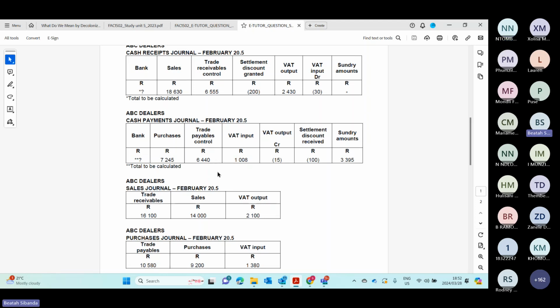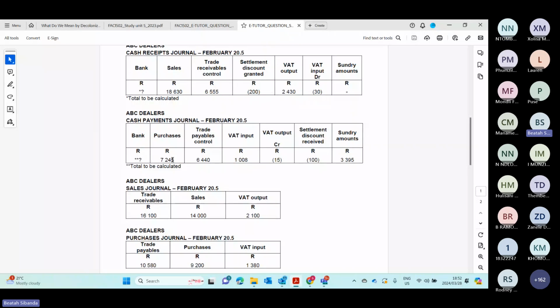All right, let's move on then. When we go to the cash payments journal, here we want to determine what went out of the bank account. The concept is the same as with sales, but this time we are looking at purchases. This is what we purchased for cash.